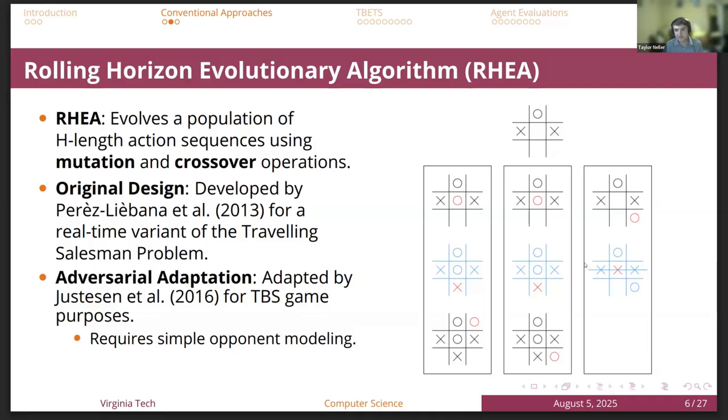If we look at one of these action sequences, we can see that O makes one move, then we have to model X's move based on the state previously, and then we have another move for O. Then we're going to apply modifications to these moves to change the action sequences over time and get better ones. And we'll explain exactly what these mutation and crossover operations look like for the TBS-Stab domain later in the presentation.